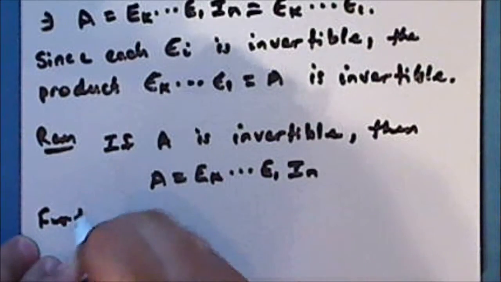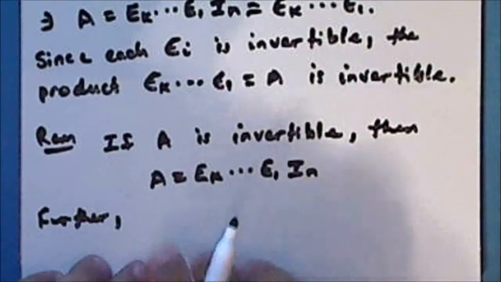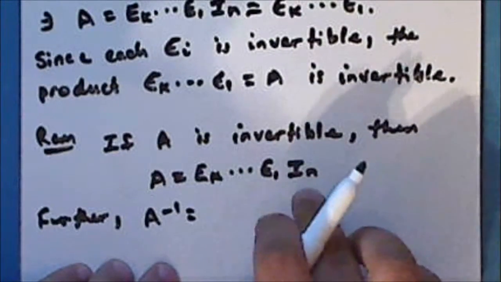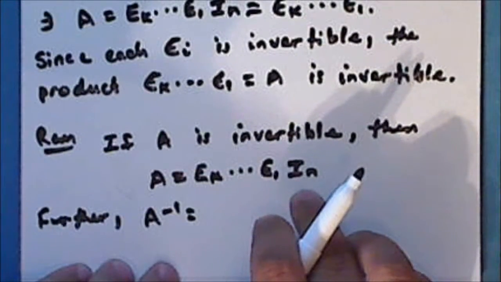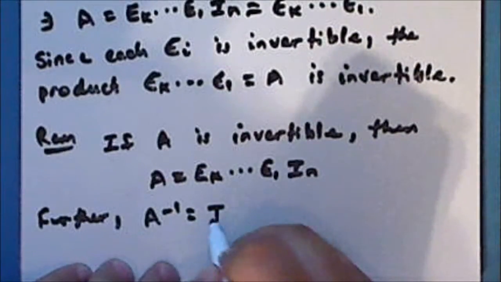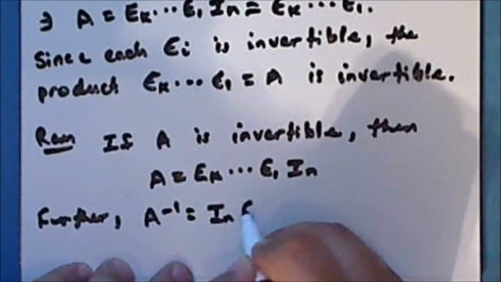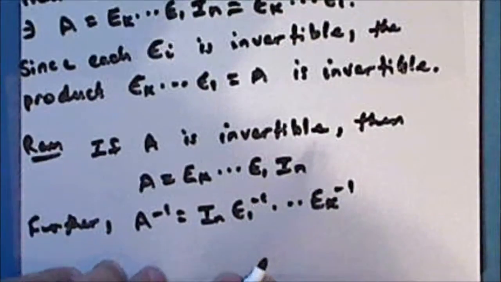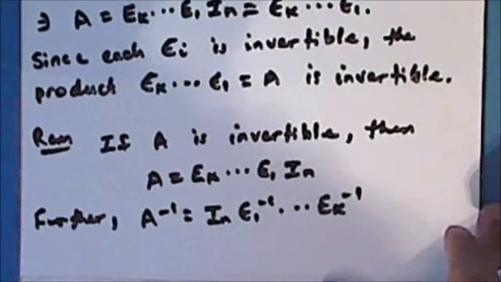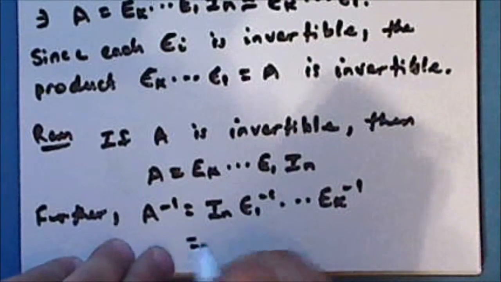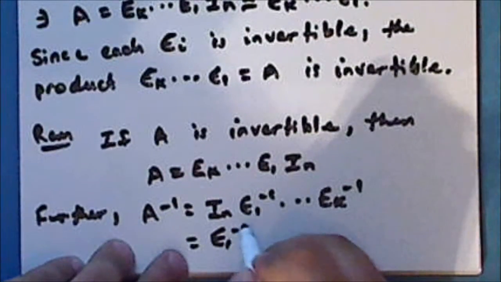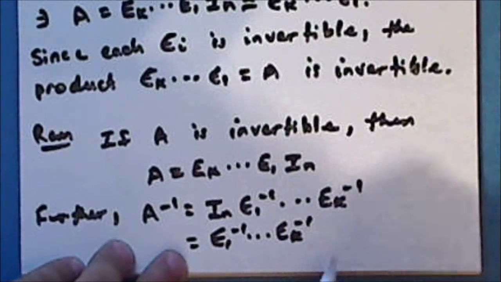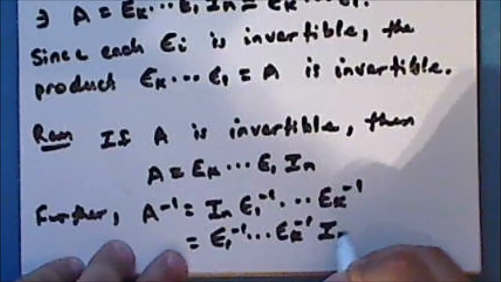Further, the inverse of A is the product of the inverses in reverse order. The identity is its own inverse. And since the identity commutes with any other element, we have the product of the inverses of the elementary matrices in reverse order times the identity.